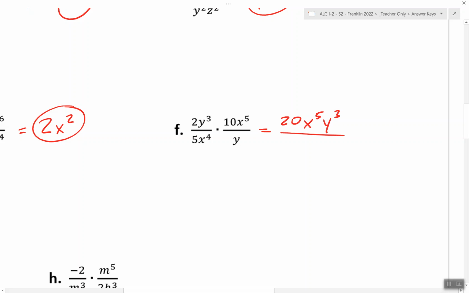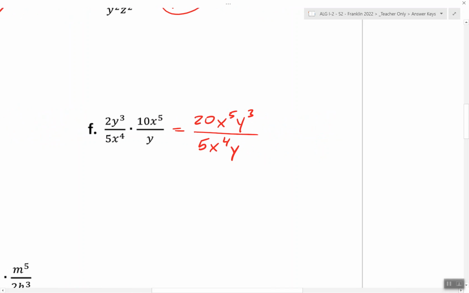On the bottom, 5x to the 4th, y, just like that. Now we can simplify more. 20 divided by 5 is 4. 5 minus 4 for the x's is 1, so just x. And 3 minus 1 for the y's is 2, so y squared. So 4xy squared.